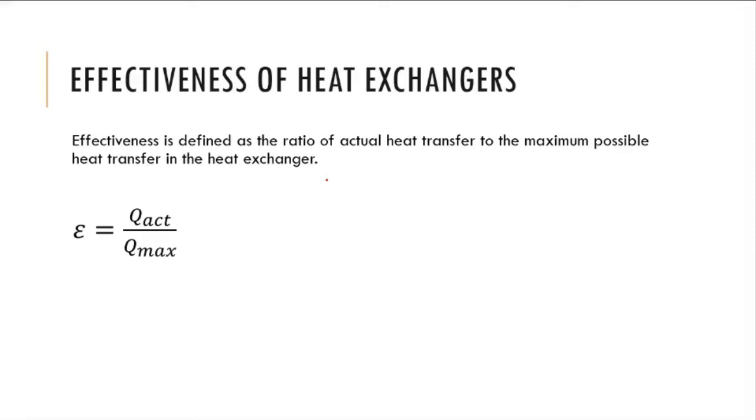If the question is in second module, it means they are asking you about the effectiveness of a fin. If the question is in fifth module, it means they are asking about effectiveness of a heat exchanger. And you need to write the corresponding definitions. Clear to all, or any doubt in this case?